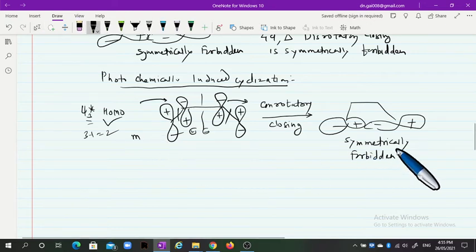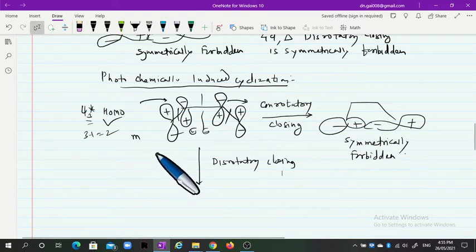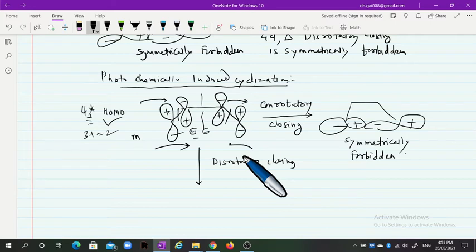Second way, there is a disrotatory closing. During disrotatory closing, the first orbital moves in one direction and the second orbital moves in the opposite direction. During this rotation, this moves in this direction with a positive lobe, and this moves in this direction with a positive lobe. Therefore in the product, positive is combined with positive. This is symmetrically allowed.